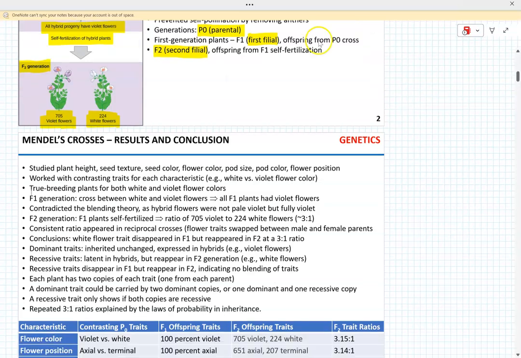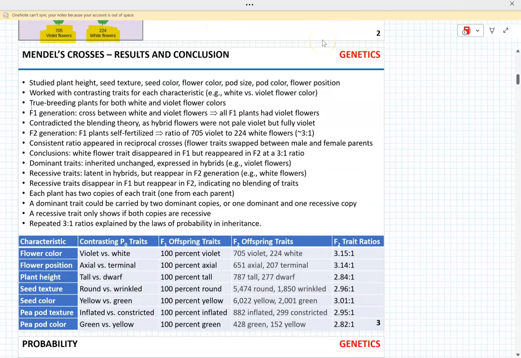Now, Mendel studied several traits, including the height of the plant, the texture of the seeds, the color of the seeds, the color of the flowers we just discussed, the size and the color of the pod, and the position of the flower. For each characteristic, there were two contrasting traits. For instance, as we just saw, white versus violet flowers.